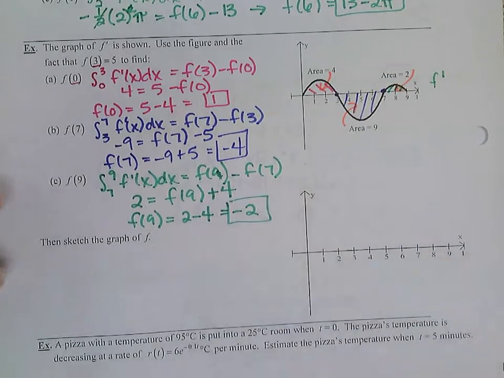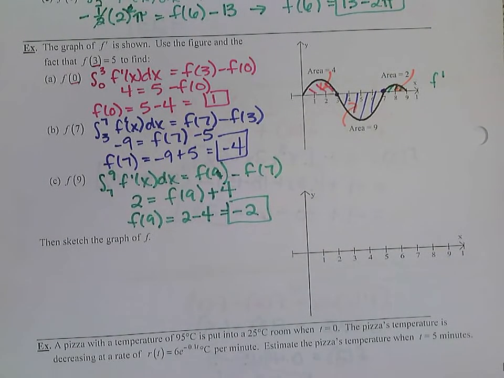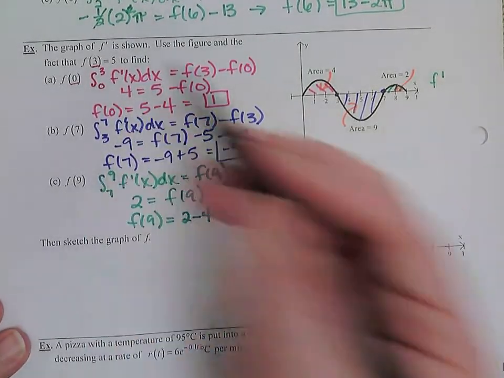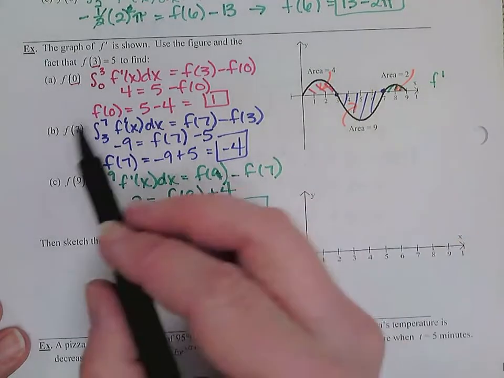And then they asked us to do something different. They asked us to sketch the graph of f. Well, we have some points, at least, we can graph. We know f of 0 is 1. We know f of 3 is 5. Then we know f of 7 is negative 4, and f of 9 is negative 2.